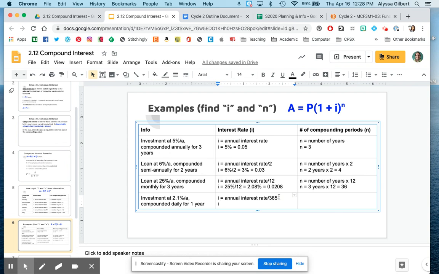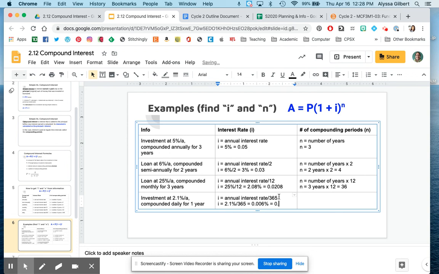So what's our interest rate? So that's 2.1% divided by 365. So 2.1 divided by 365 is 0.006, we'll say, percent, but don't forget we need to divide that by 100 to get the daily interest rate, which is ridiculously small.